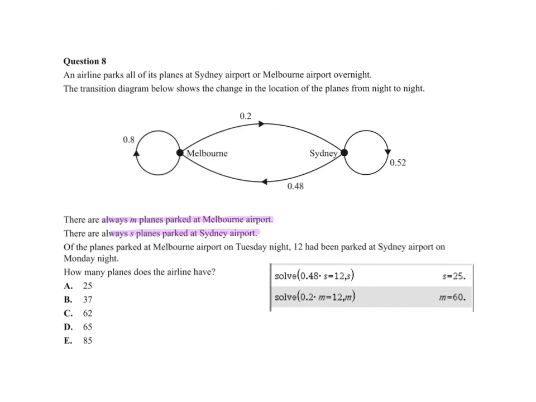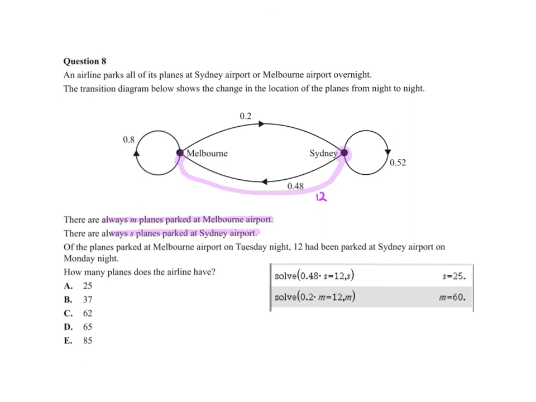So of the planes that parked at Melbourne Airport on Tuesday night, 12 had been parked at Sydney Airport on Monday night. So that's the night before. So if you look, they were at Sydney and they went to Melbourne, and we're saying that there was 12.